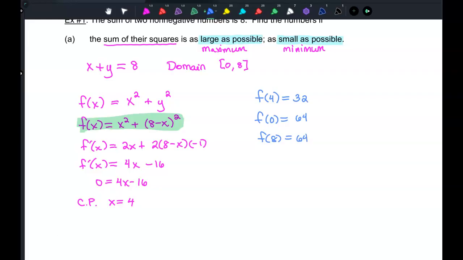Okay, so what are the two numbers that resulted in my absolute maximum? 0 and 8. Okay, so 0 and 8 result in absolute maximum, and what resulted in minimum? 4 and 4.